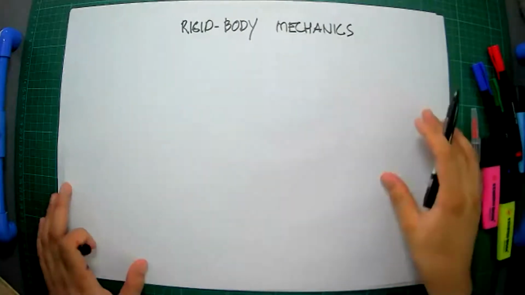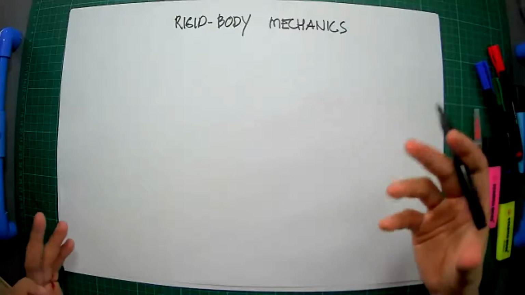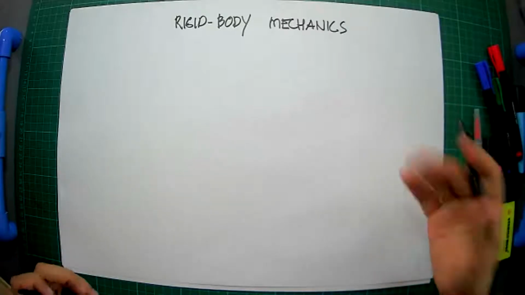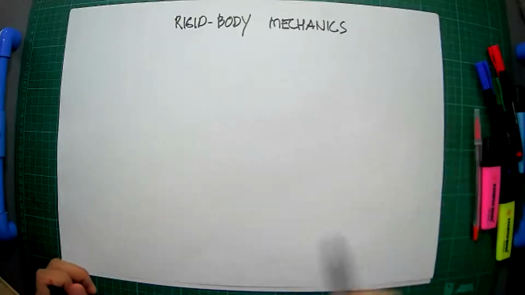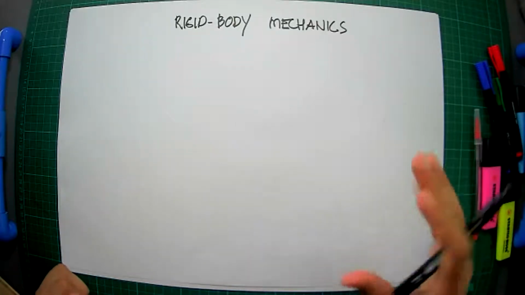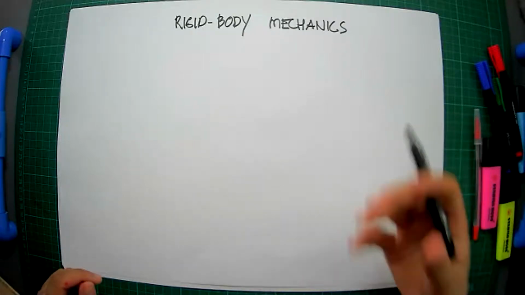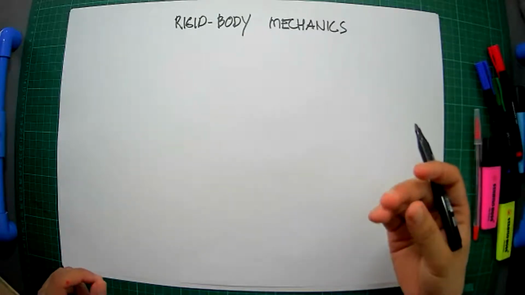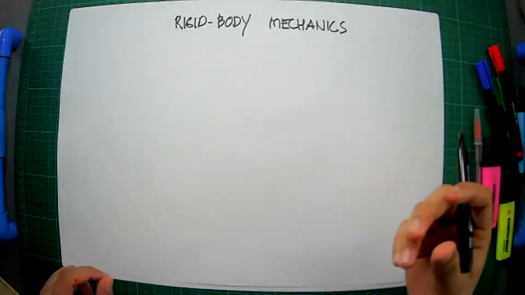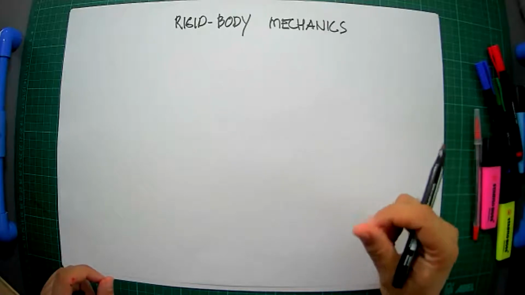So rigid body mechanics is particular on the assumption that the body does not deform under any circumstance or under any loading. If the body under load breaks, bends, cracks, or ruptures, those are part of the studies in your deformable body mechanics.